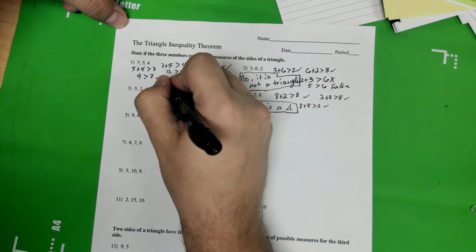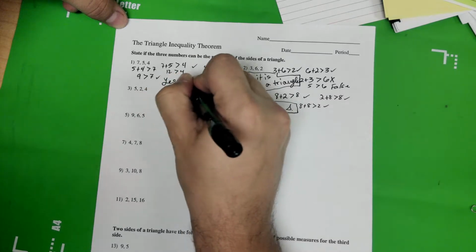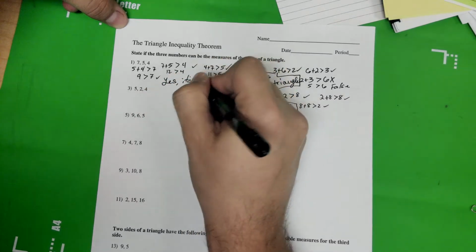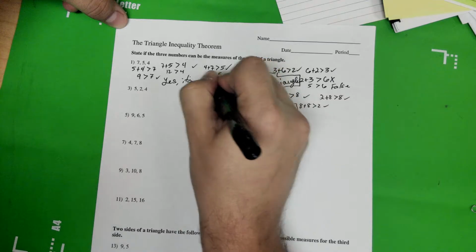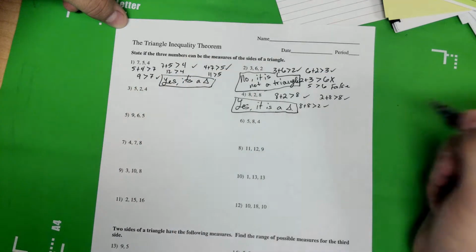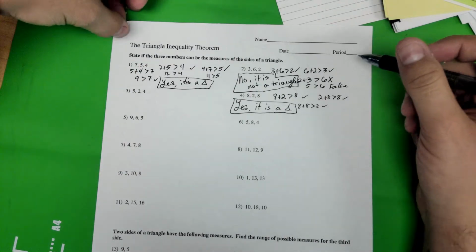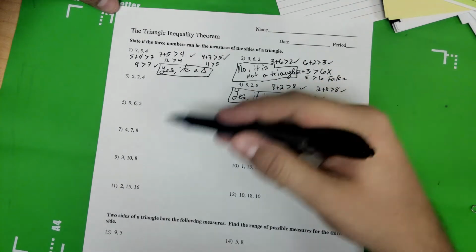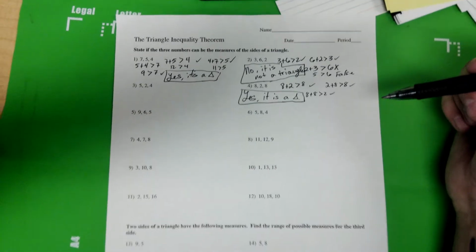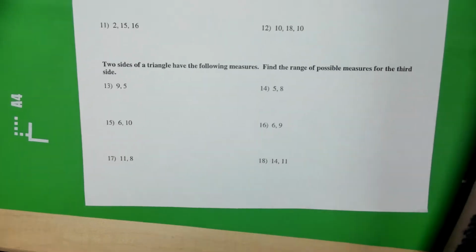And then on 1, yes, it is. Oops, it is a triangle. So I answered 3 of the first 12 for you. But you have to go through and work that out and double check to make sure the rest of them do in fact work. If you look at the bottom section, I'm going to zoom in a little bit.